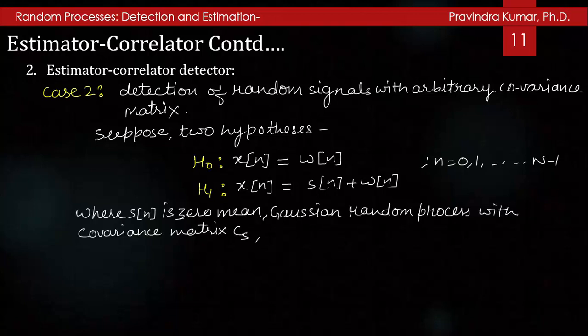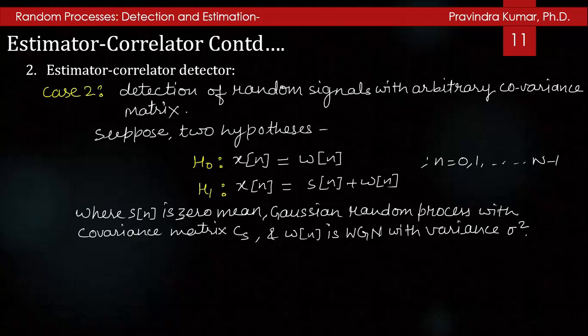Here s[n] is a zero mean Gaussian random process with covariance matrix Cs. This time the covariance matrix is given, whereas in the previous case the variance of the signal was sigma s square. Now the covariance matrix is Cs, and w[n] is white Gaussian noise with zero mean and variance sigma square.